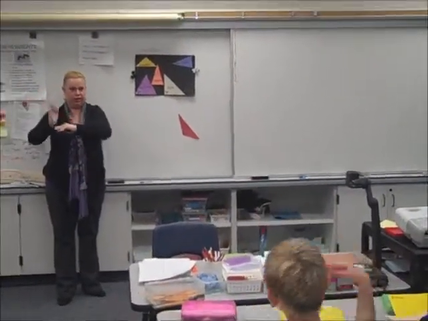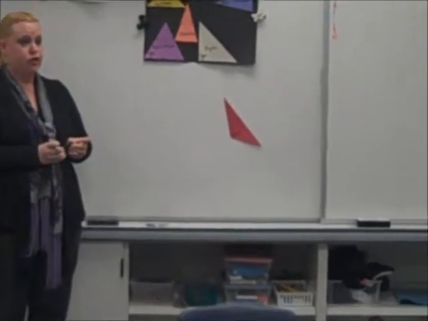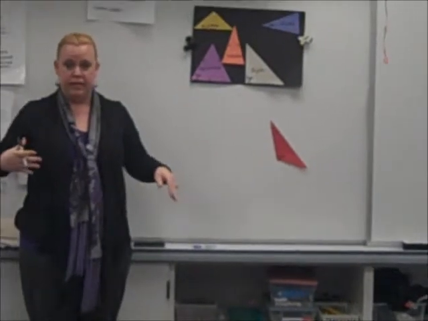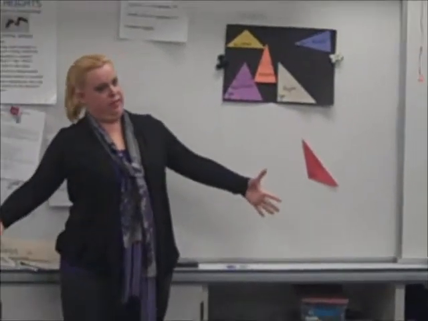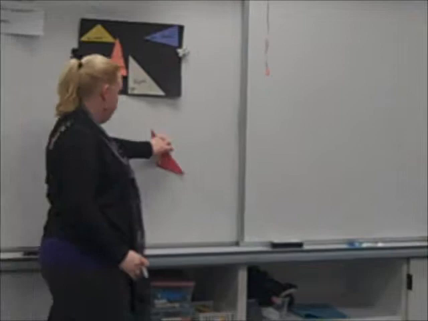You're close, Ian. Say it again. Obtuse. And remember, Mrs. Weinfurter said a way to remember that is when somebody is overweight and they're obese. It kind of sounds like obtuse. So the angle is big and fat, right? So we call it obtuse.